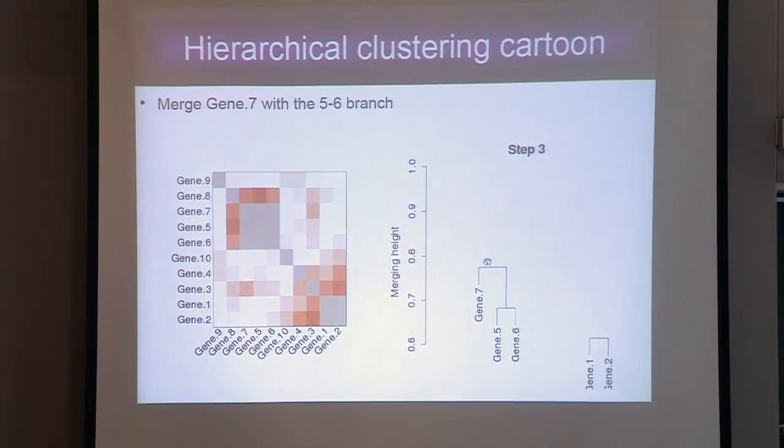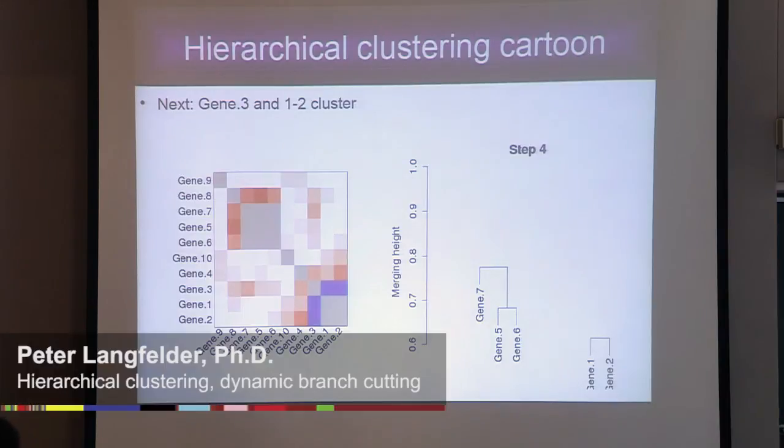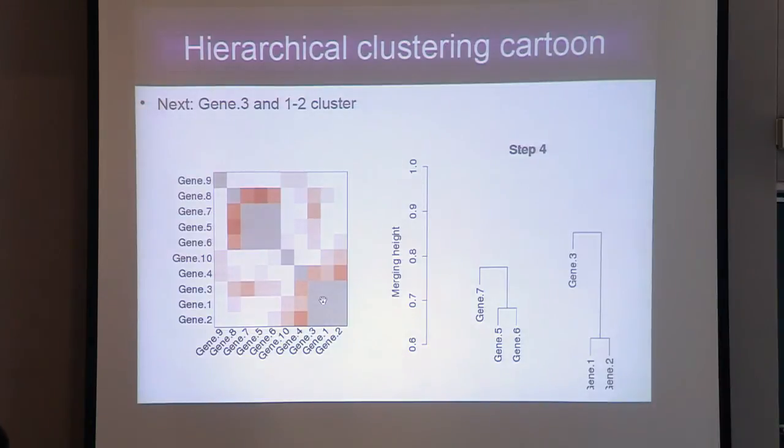And the merging height is a little higher now because the distances grow longer and longer as we go on. The next closest distance is between gene 3 and genes 1, 2. This blue part here. So we merge them. And notice that because we always find the closest distance and merge the two objects, the next merge will be higher because it's a further distance. So we grow the tree from the bottom up this way.